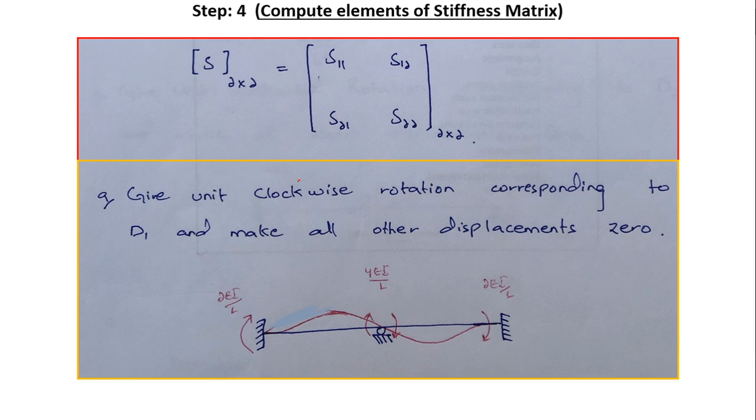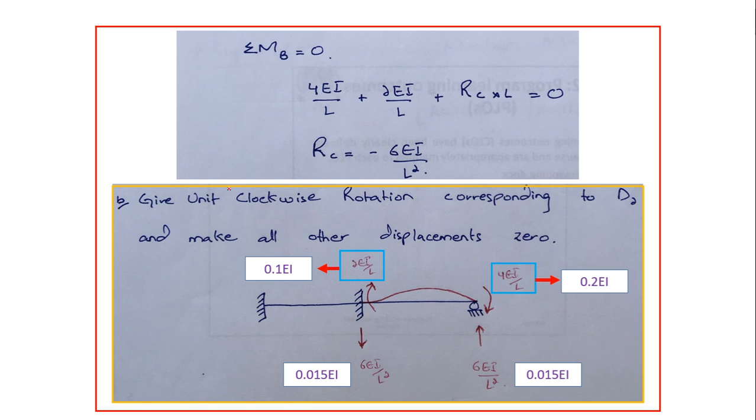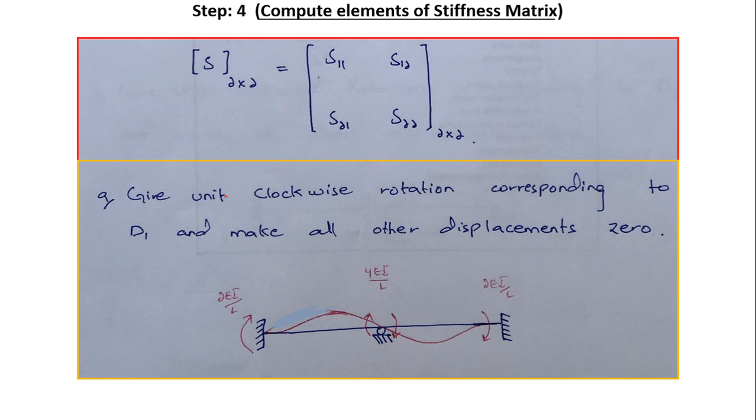by applying the unit redundant actions one by one, and this is very basic. I'm not gonna go into detail. So in this case, for example, I have to fix all other supports.